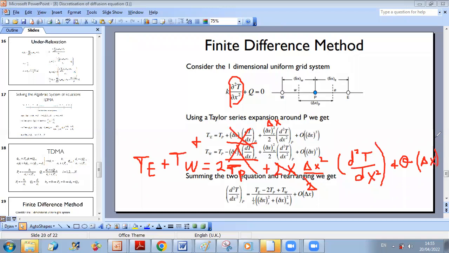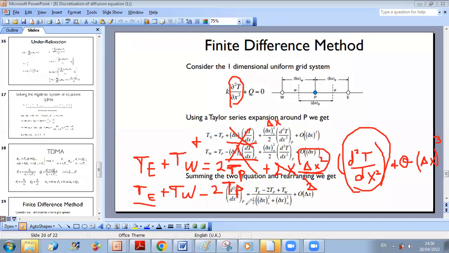Now, because your purpose is to find an expression of second derivative of T with respect to x, what you will do, you will take all terms to the other side and you will divide by delta x squared. So you'll get the following. You will get T east plus T west minus 2Tp over delta x squared is equal plus a certain error.